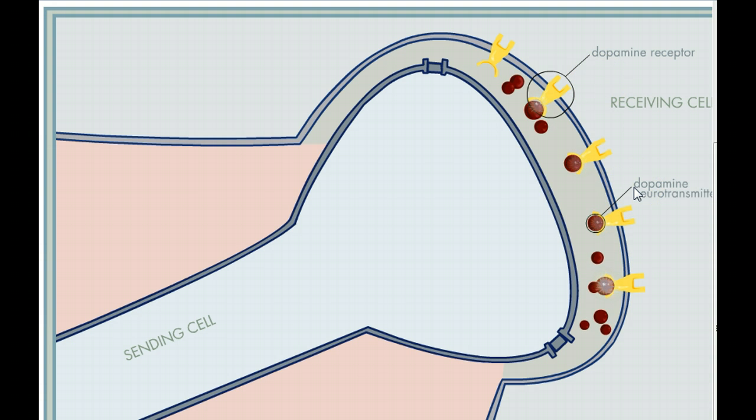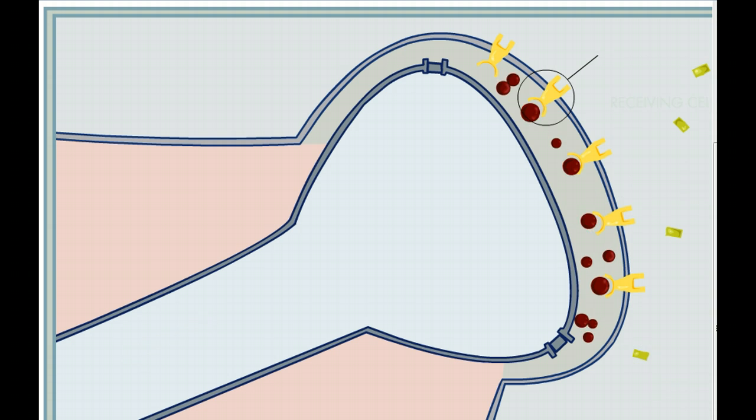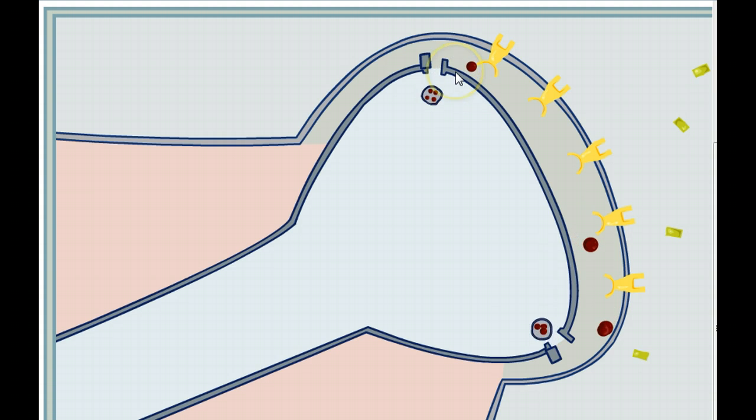In this case, it's a secondary messenger to be released inside the receiving neuron. Then we have the dopamine being taken back up into the receiving cell, and some of it is being put back into vesicles, and some of it breaks down.